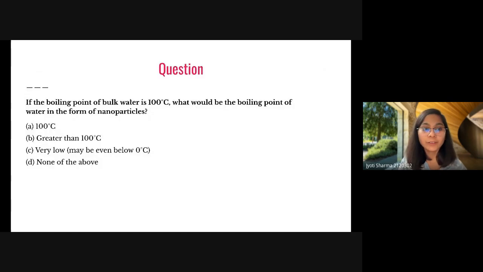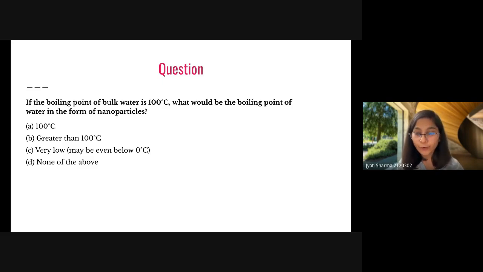Should we go further? Okay, this question is related to nanoparticles. If we have the boiling point of bulk water, that is 100 degrees Celsius, what would be the boiling point of water in the form of nanoparticles?